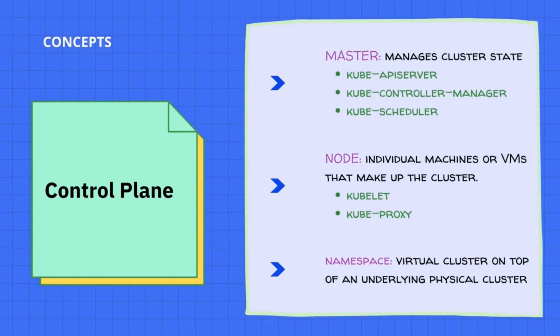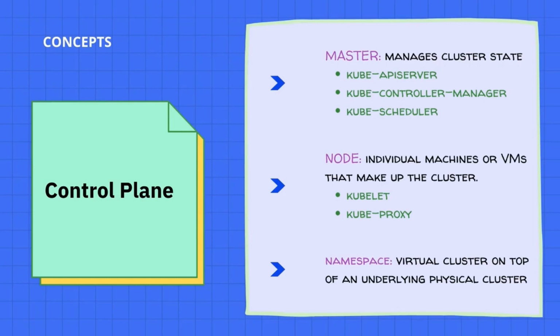Whenever the different components want to talk to each other, they need to connect via the Kube API server. Next, we have the Kube controller manager. This is like the brain of the Kubernetes infra. And finally, we have the Kube scheduler that helps in the scheduling of pod creation, deletion or updation. So it is taken care of by the Kube scheduler.